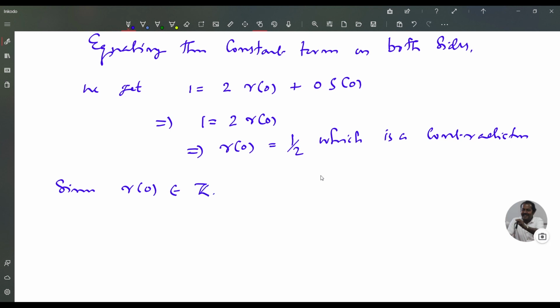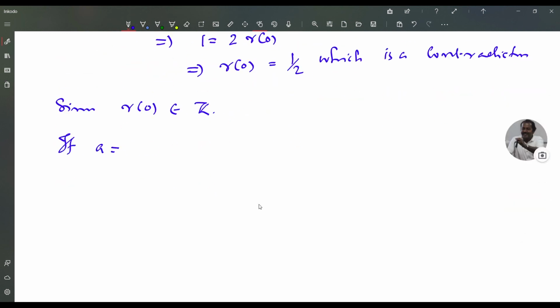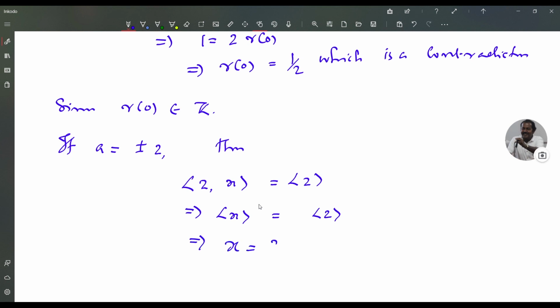Now if a is equal to plus or minus 2, then the ideal generated by 2x is the ideal generated by 2. Now 2 is already in 2x's ideal, so this implies the ideal generated by x equal to the ideal generated by 2. So this implies x is equal to 2 times some v(x) for v(x) in Z[x].